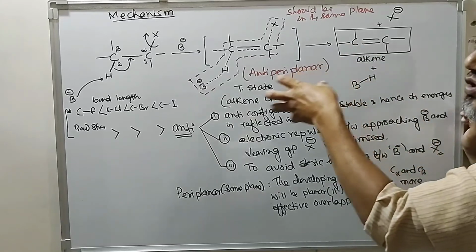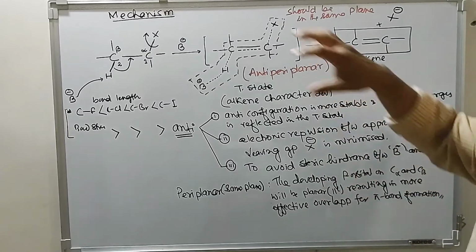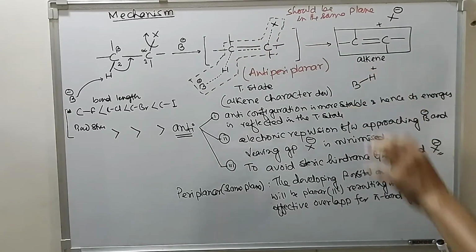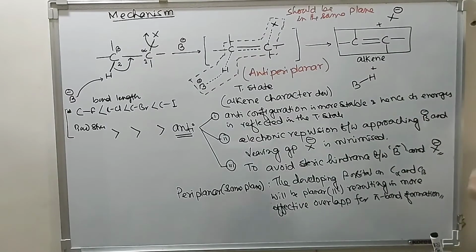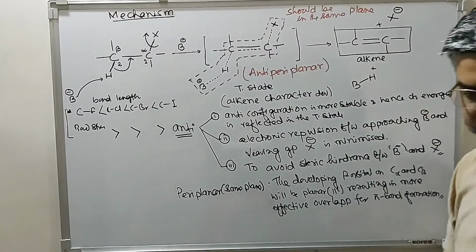So this was the reason why the E2 reaction does not use a protic solvent. So we cannot use a protic solvent in this E2 mechanism. So please be careful while choosing the solvent for this E2 reaction.